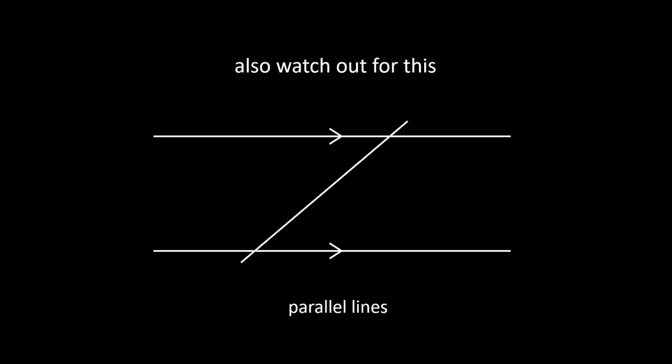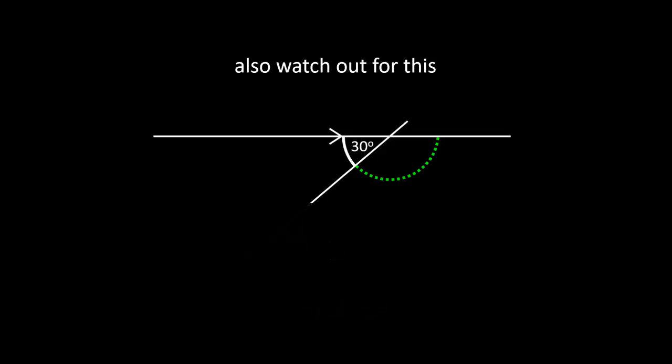Now also, watch out for this. Now if that's 30, we've got a Z, so we know that one's 30. But what about that angle up there? Now let's clear some of these lines out of the way, and actually what we've got there is something that you did in the previous lesson, and that is angles on a straight line.